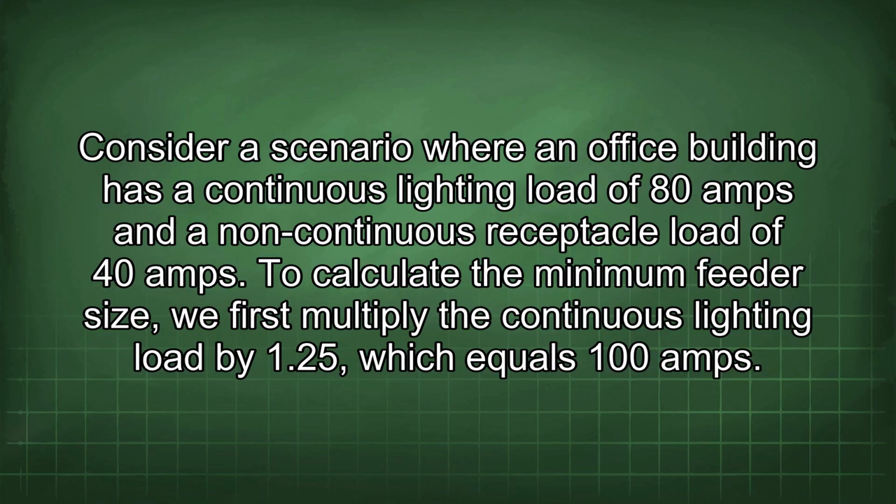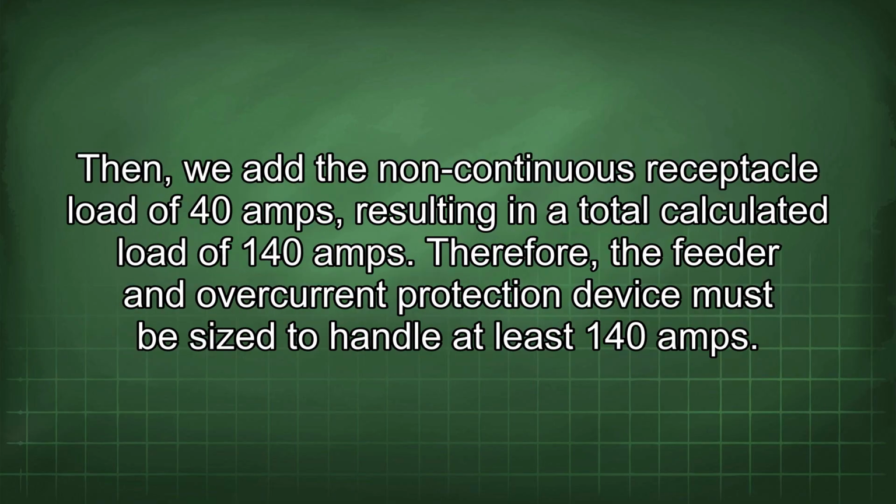To calculate the minimum feeder size, we first multiply the continuous lighting load by 1.25, which equals 100 amps. Then we add the non-continuous receptacle load of 40 amps, resulting in a total calculated load of 140 amps. Therefore, the feeder and overcurrent protection device must be sized to handle at least 140 amps.